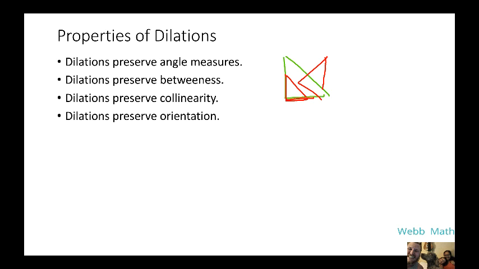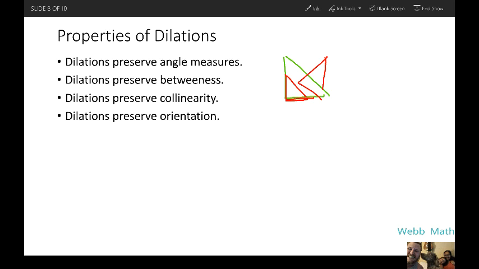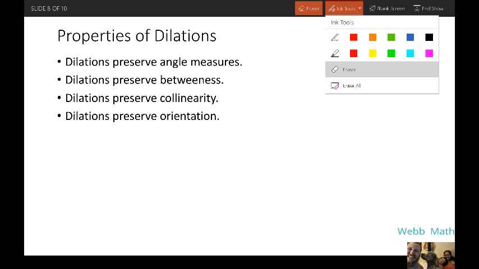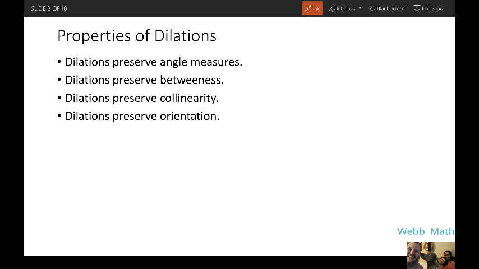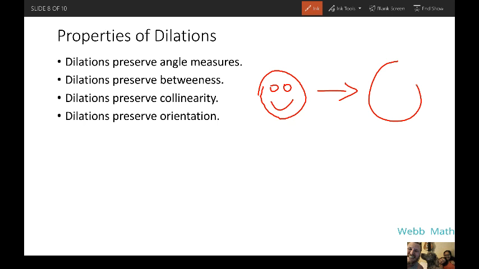property. Dilation preserves orientation. Okay, so your projector is broken or a setting is off when you project a smiley face, and all of a sudden you dilate it to your projector screen, and all of a sudden it's an upside down smiley face.